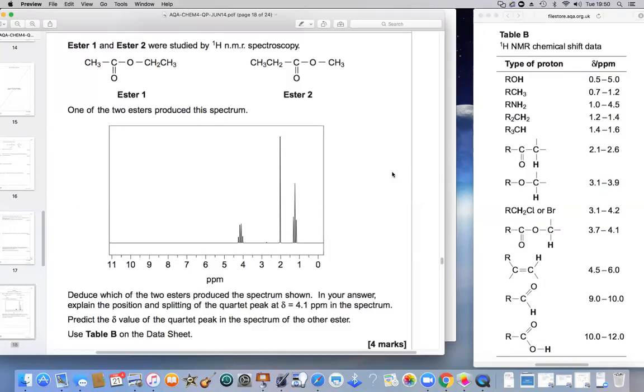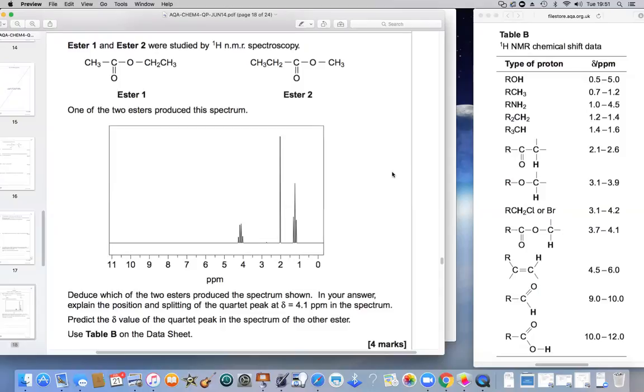Do we have any takers? Which one do you think it is? You may need to use the chemical shift data to help you with this. So we've had a stab in the dark, ester 1, literally a 50-50 chance, as somebody has pointed out.